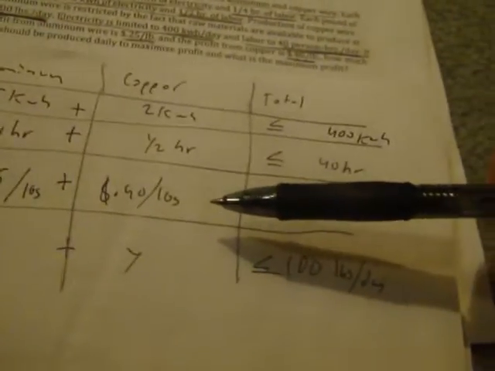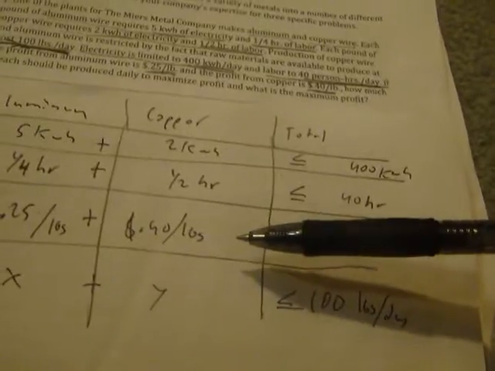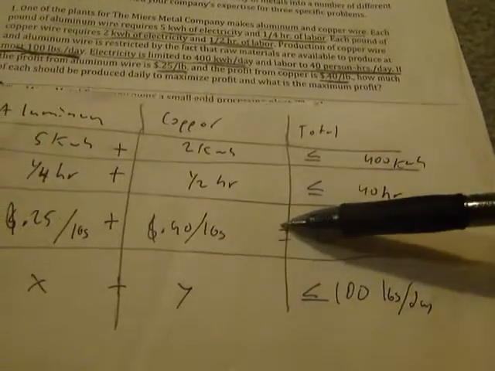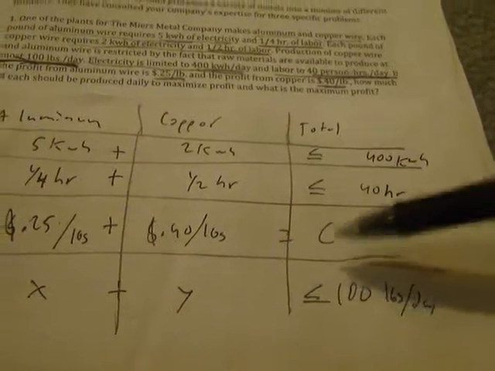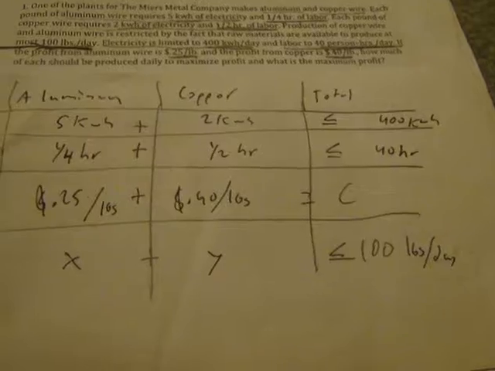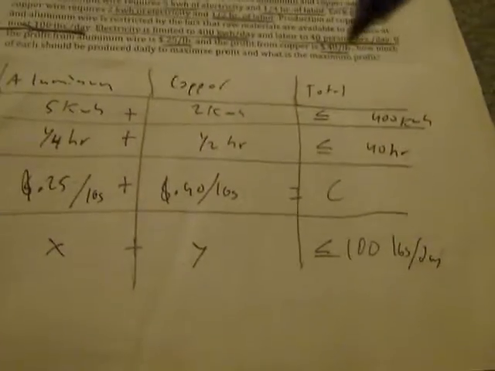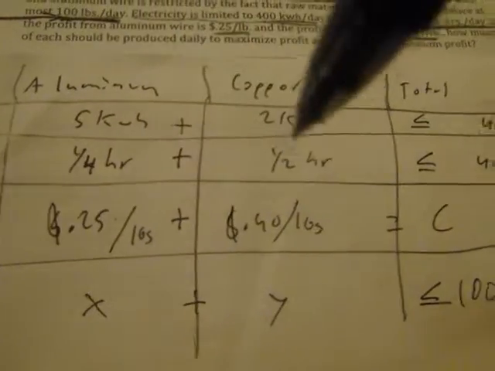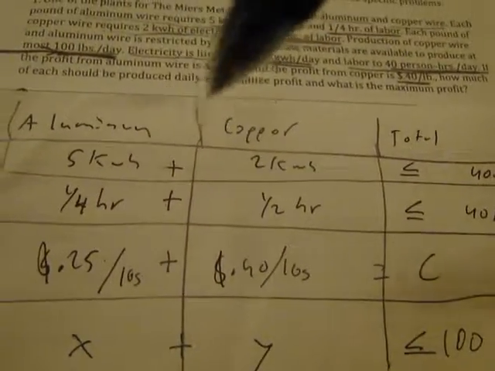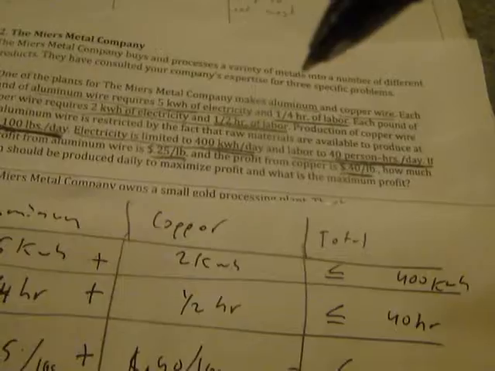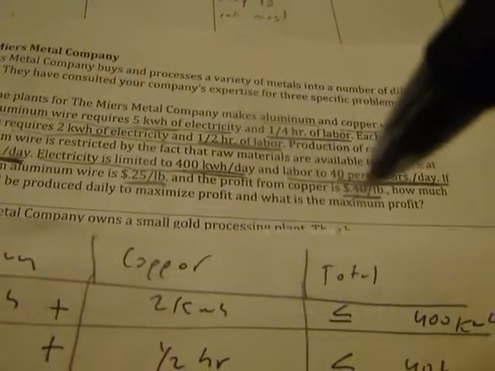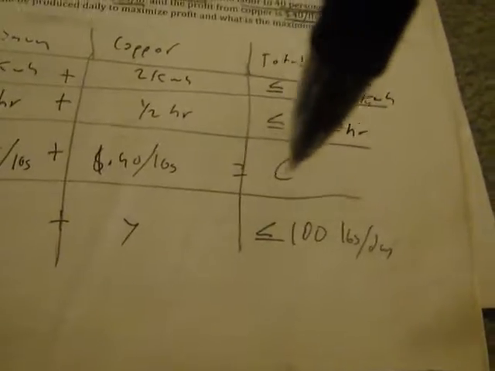You don't know if it's less than, greater than, or equal to any profit. So all you've got to do is equal C, which mainly means cost, which is profit. Sometimes you have to verify that on the equation, but here all you've got to know is how much of 25 cents and 40 cents times how much aluminum and copper we sell can make the most profit. So all you've got to do is equal C or P, whichever you want to get.